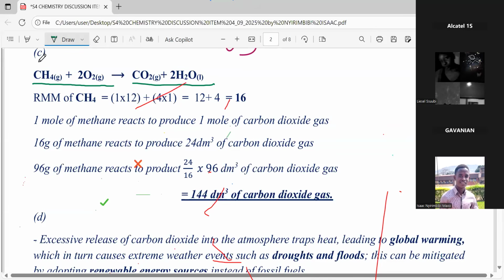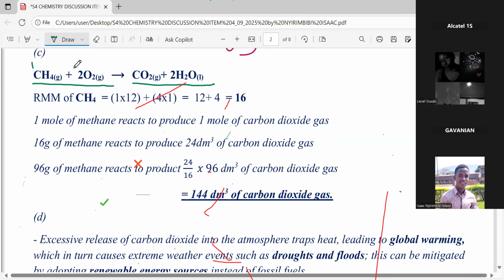By the way, in stoichiometry these values, the coefficients of these substances, are what we call the stoichiometric coefficients. Stoichiometry just means a balanced equation being used to calculate amounts which are produced or amounts which are used.